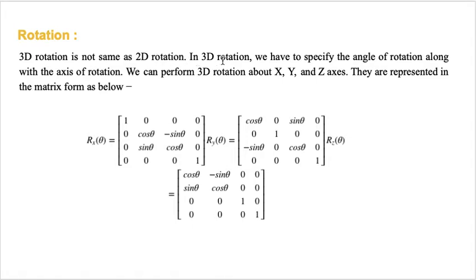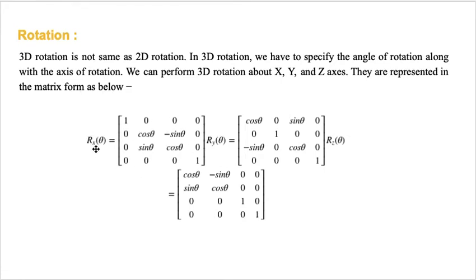In 3 dimensional rotation we have to specify an angle of rotation along with the axis of rotation. This is very important. And we can perform 3 dimensional rotation about the x, y, and the third axis, that is the z axis. They are represented in matrix form as below.